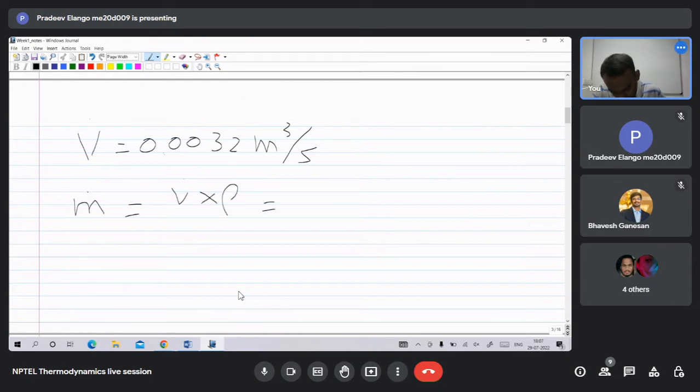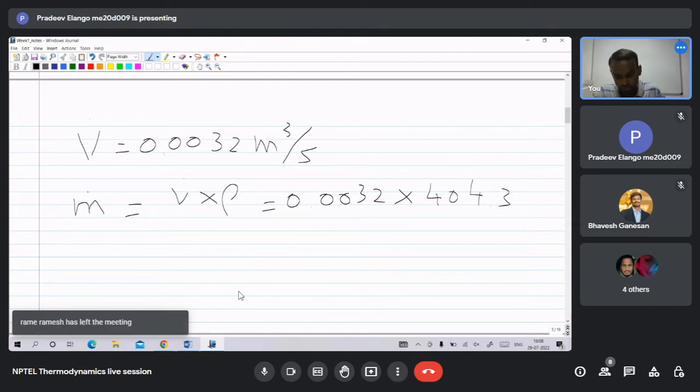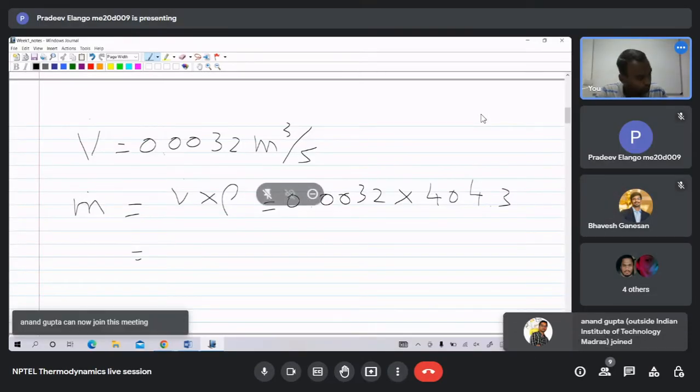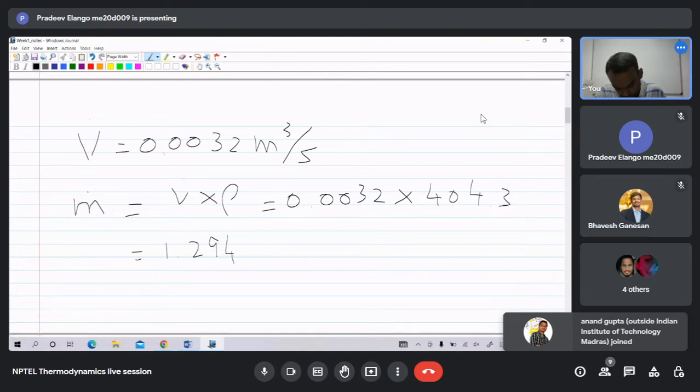So we have 0.0032 into rho, which is 404.3, which is 1.294 kg per second.